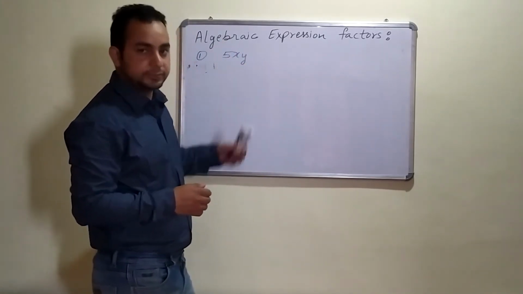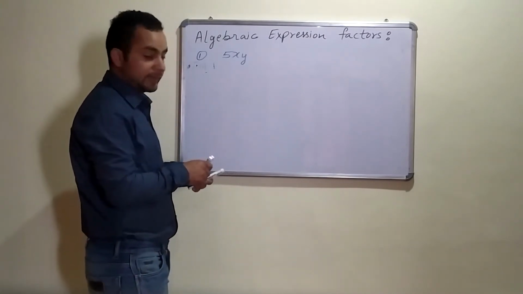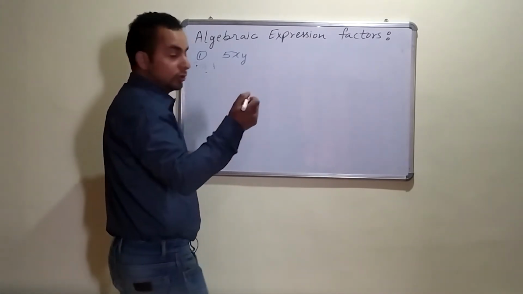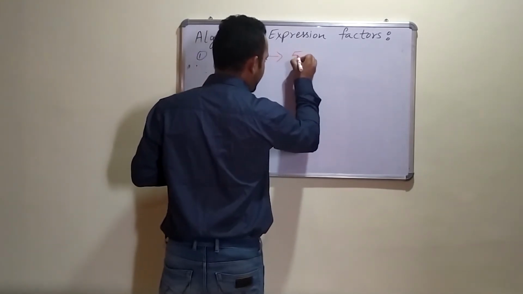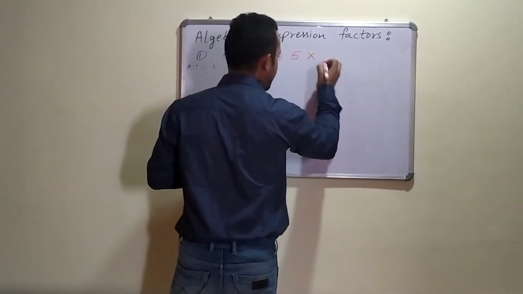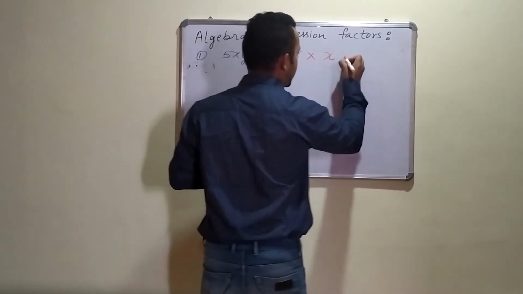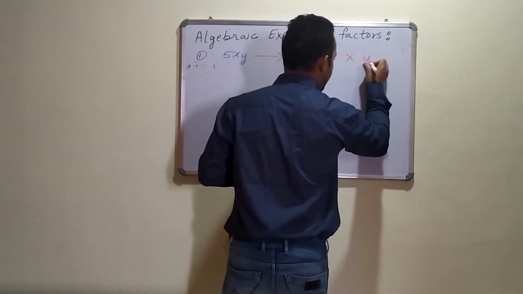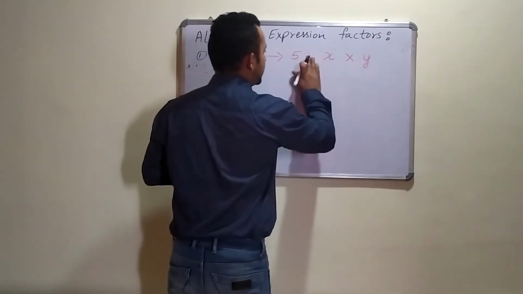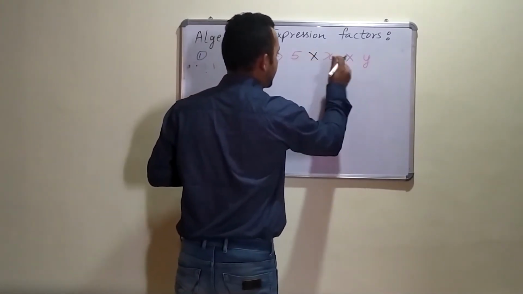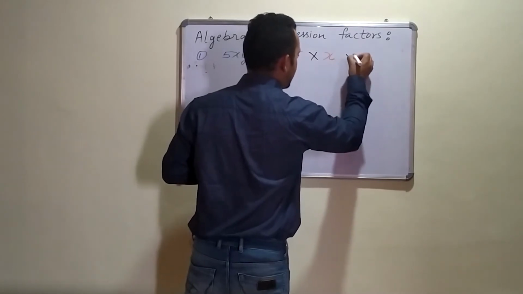So 5xy is your algebraic expression. Now we're going to find the factors. We can write it as number 5 multiply x multiply y.